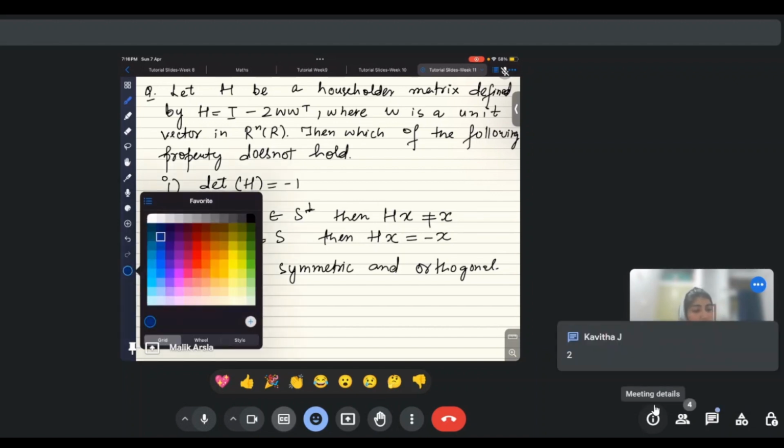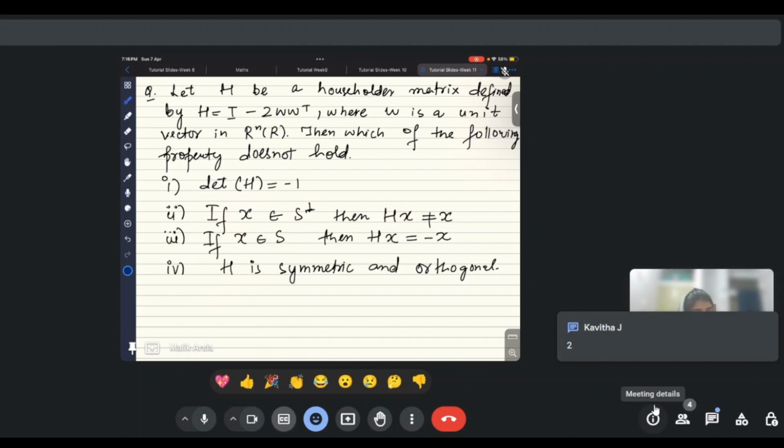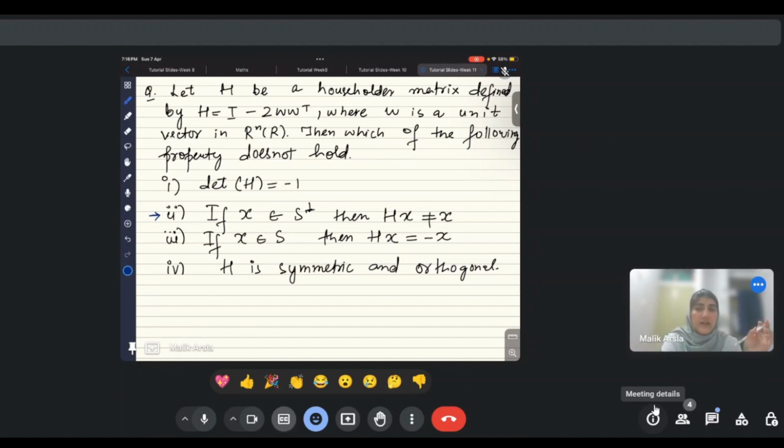Basically, we know the idea behind a householder matrix. Can you tell me what type of matrix a householder matrix is? It's a symmetric, orthogonal matrix. Symmetric and orthogonal, but any other property? Any other speciality of H?